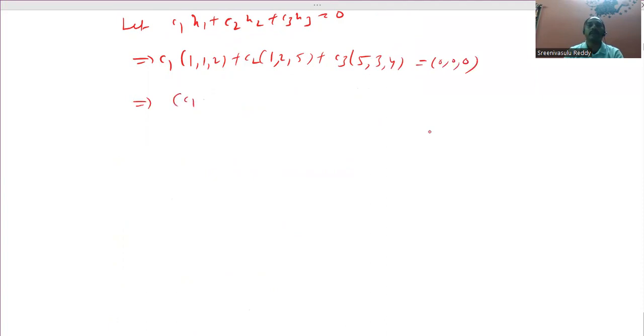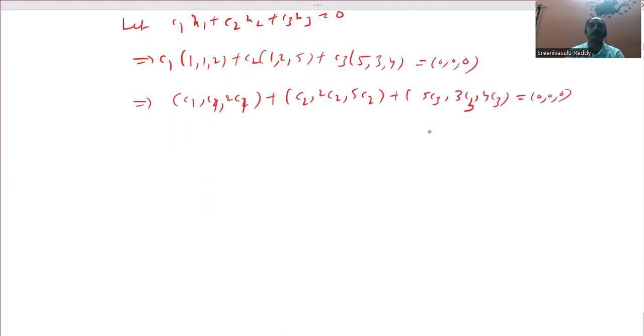So by practice, you reduce the steps. One more thing, based on the marks also, you can reduce the steps. But here I am providing all the steps. C1 plus C2 plus 5C3, first component.